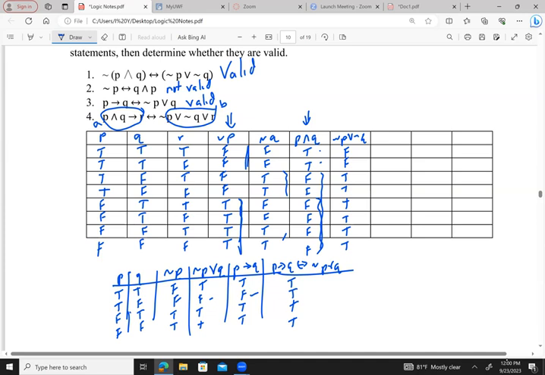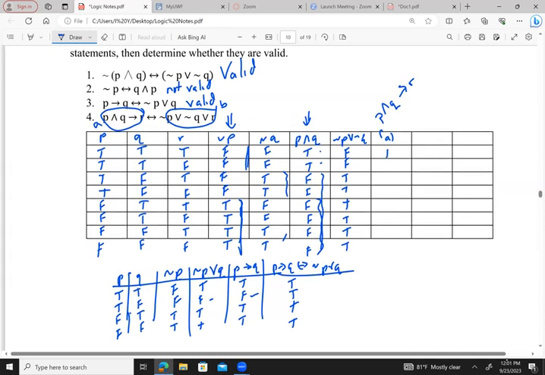All right, so now let's look at this part A here, which is P and Q, if P then Q, then R, which is going to give me, if it's true, false, it's false. So I'm looking for true, false. True, true, so true. True, false, so false.